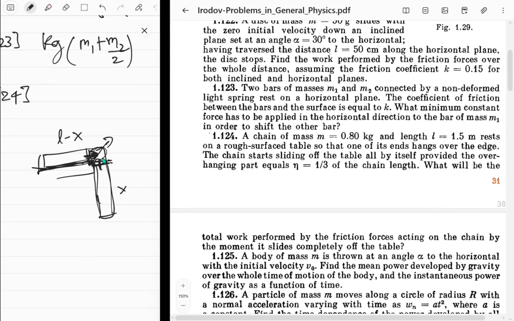Then it's just the normal force in this direction, and the tension force on both sides must be equal. Otherwise, as this part moves, if these are not equal, the inequality causes work to be done on this small part. The normal force is not doing any work, and the friction force might be doing work.